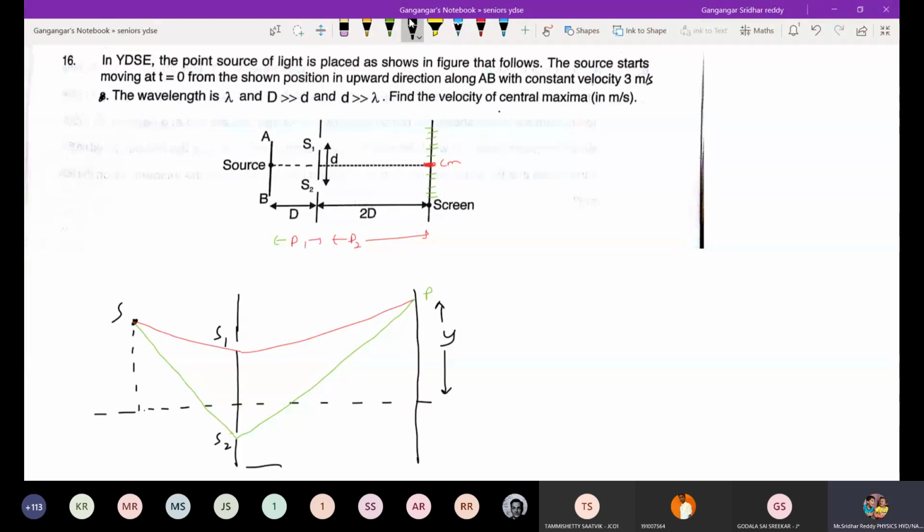If you can remember, you can directly write down the expression like I told you. So let this be equal to A. This we took as L, and this distance is D. So this will be delta x2, this will be delta x1.